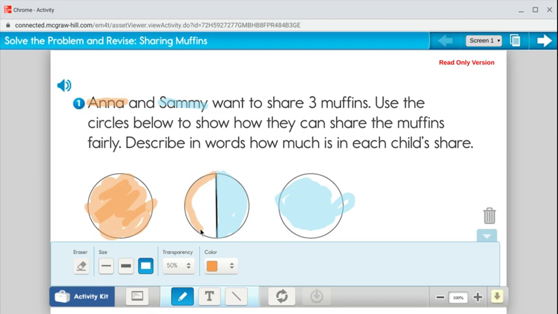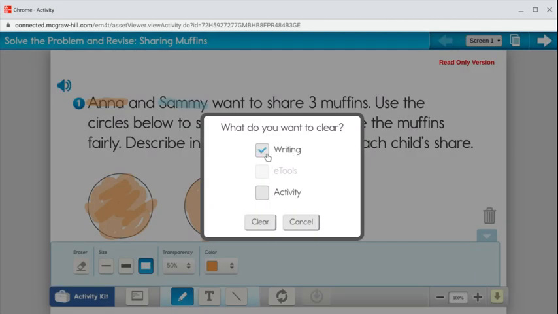So now they each have one whole muffin and one half of a muffin. So they all have equal shares. This is Anna's 1.5. This is Sammy's 1.5. So that's one way that they could share the muffins. Okay. Another way, clear all that out.